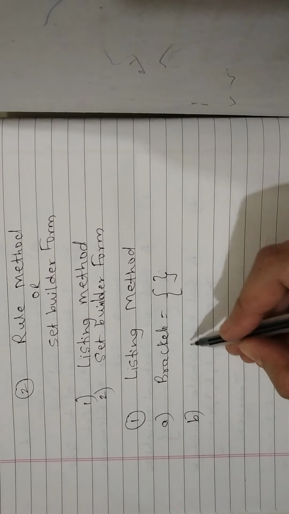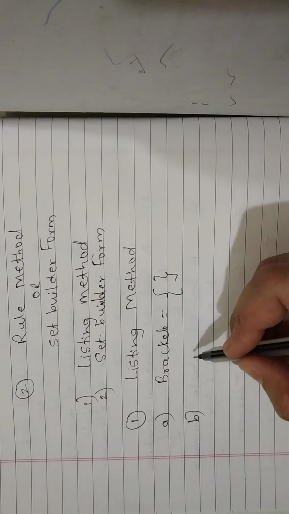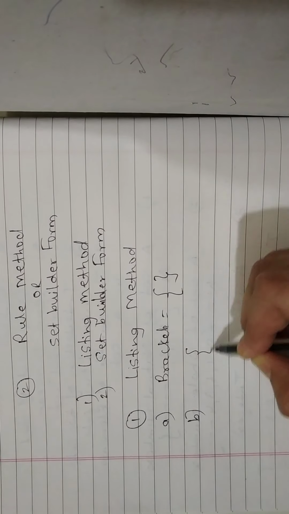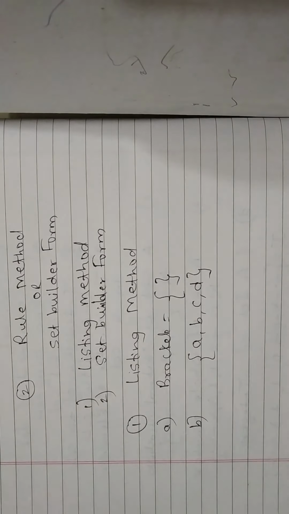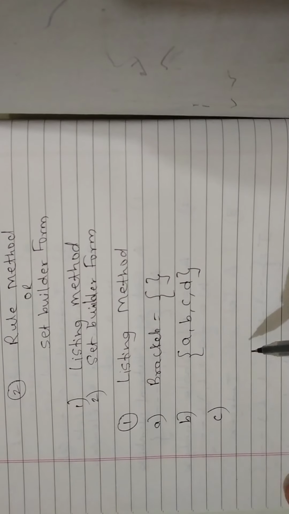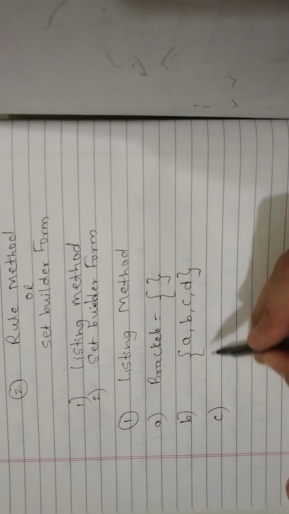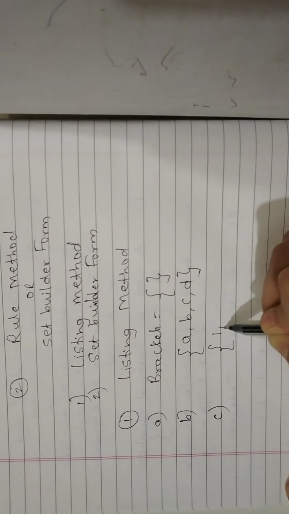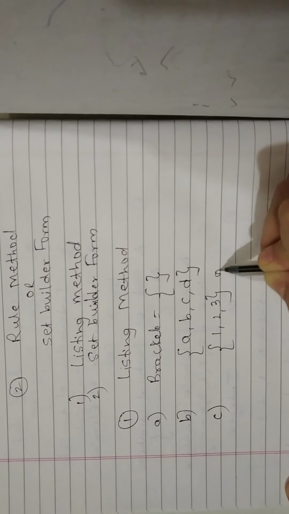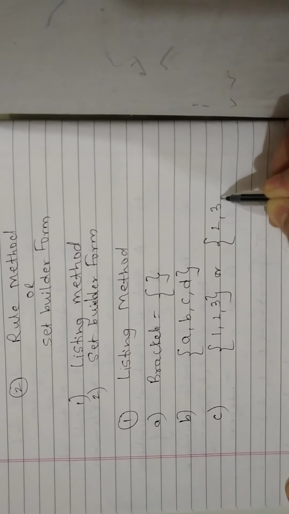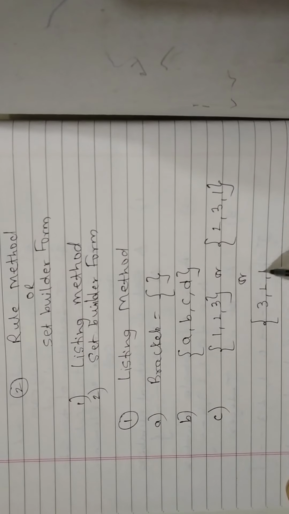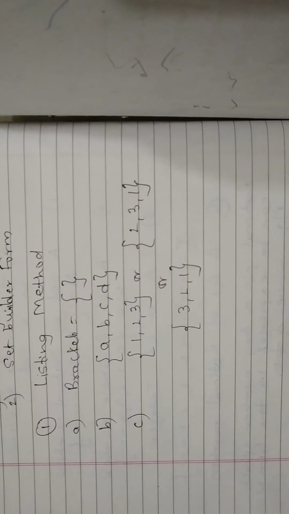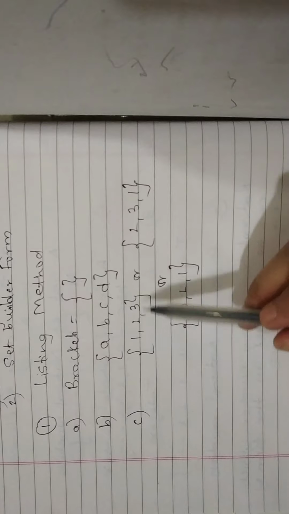All the elements are separated by commas. For example, we'll take A, B, C, D like this. Order can be anyhow. Just like we can take 1, 2, 3 or 2, 3, 1 or 3, 2, 1. Anyhow you can write, but all the three elements should be in this curly bracket.